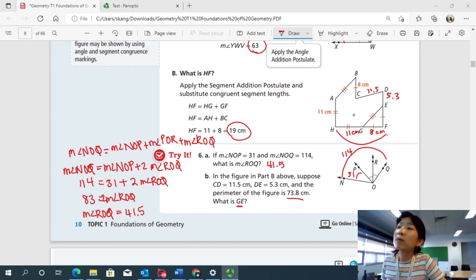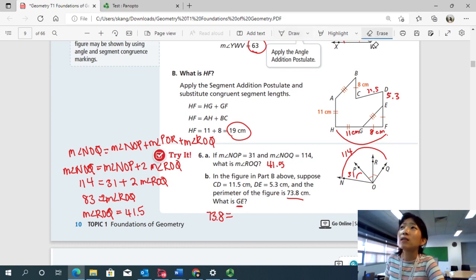All right, you know that the perimeter is the distance around the whole figure. So if you know the distance around the whole figure, the perimeter, is 73.8, what are the known distances? You know that HF from the example shown before is 19. So you're just going to subtract all of that. Or you can say, let's write one by one.